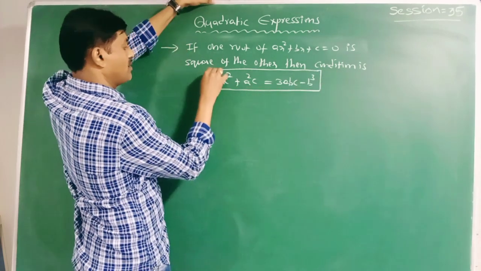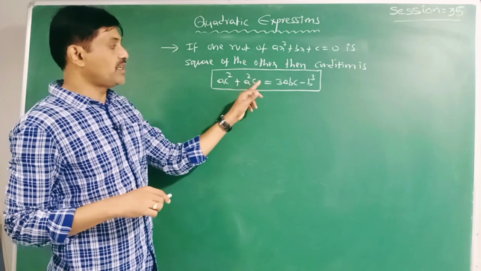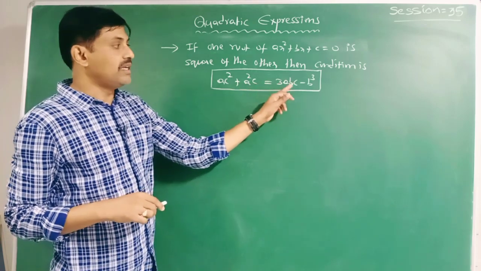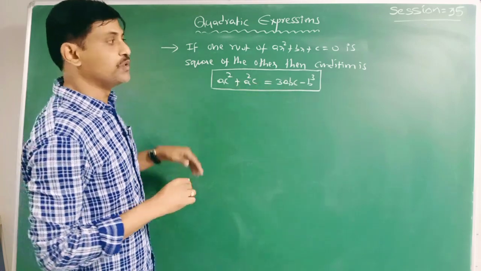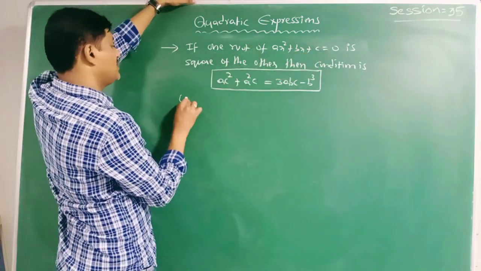This is also an important condition. ac square plus a square c is equal to 3abc minus b cube. Here one root is the square of the other.